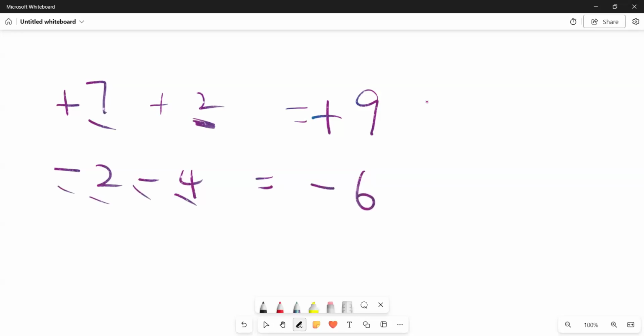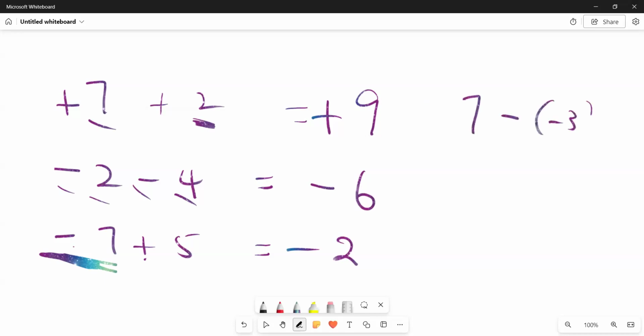If the 2 signs are different, -7 plus 5, find the difference of the 2 numbers, 2, keep the sign of the one with the larger magnitude, negative, right? If you have 7 minus 3, take these 2 signs, 2 negatives is a positive, so you have 7 plus 3 equal 10, right?